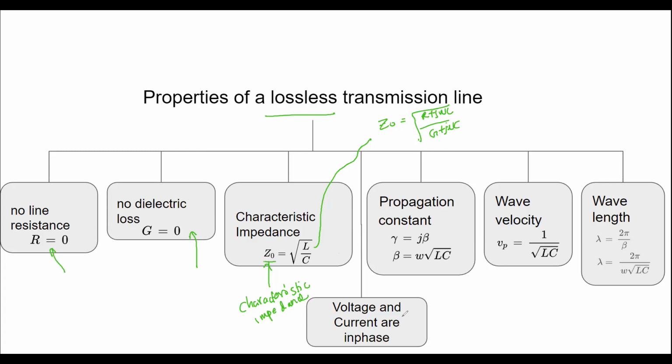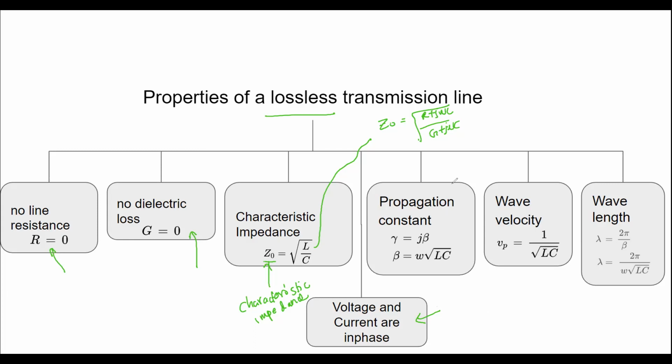There is no phase difference between the voltage and current waves in the lossless transmission line case. Because of that, maximum energy is transferred from the transmission line to a certain load or impedance or some kind of component, right? So we have voltage and current in phase in lossless transmission lines.